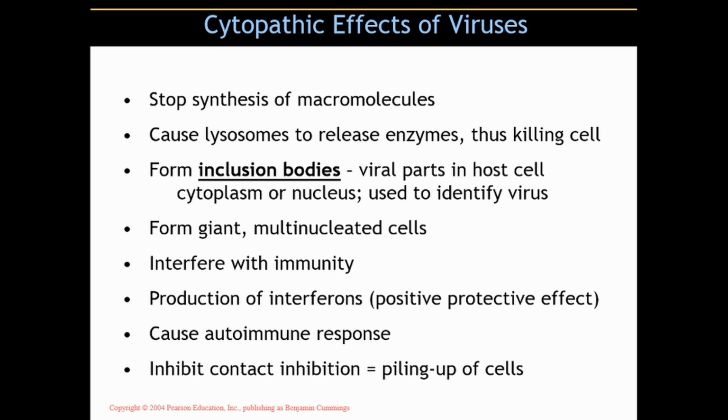The neighboring cells can then produce antiviral proteins that will prevent the replication of viruses when those viruses enter. Viruses can also cause an autoimmune response, which can lead to a whole host of problems within a person, depending on the person's genetics and whether they are susceptible to developing this autoimmune response. A number of viruses can do that.